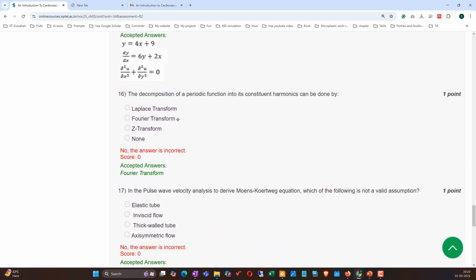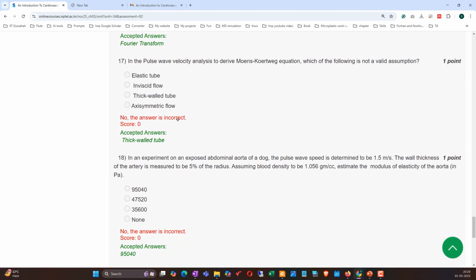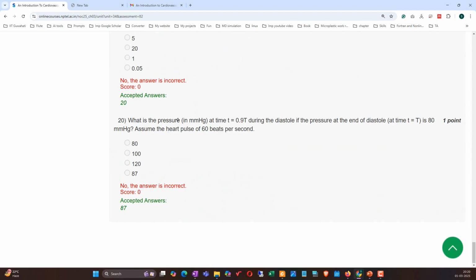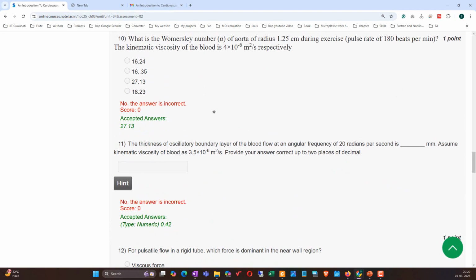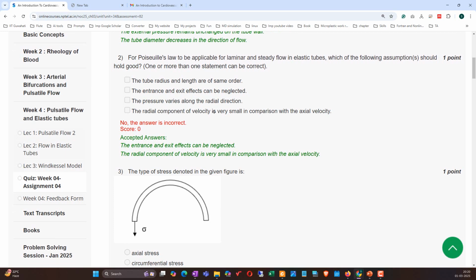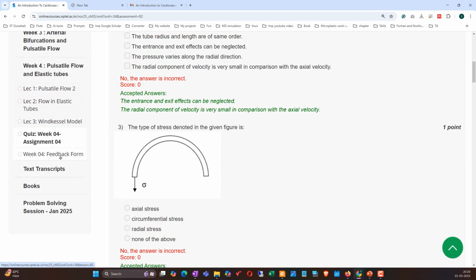So these were the correct options. I hope you have solved it and you have got the same solution. Okay, so this was it, right?